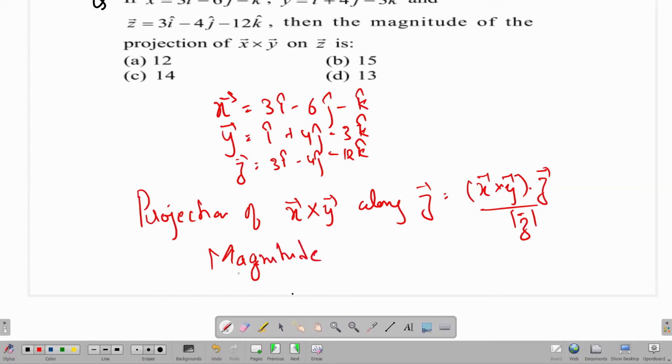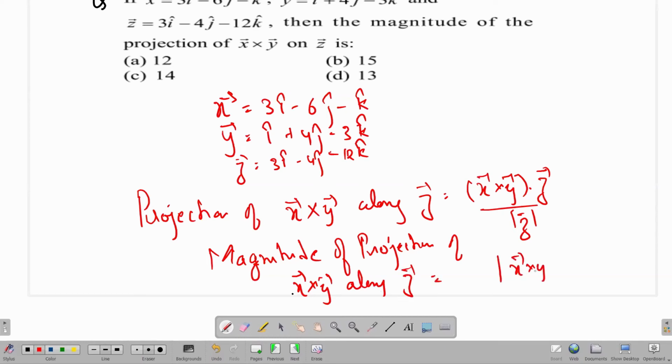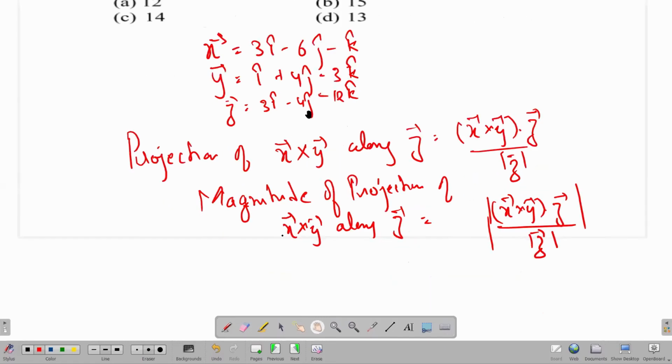So magnitude of projection of X cross Y along Z is just mod of this. As I already discussed, the scalar triple product is the determinant of these three vectors. So just I have to solve this.